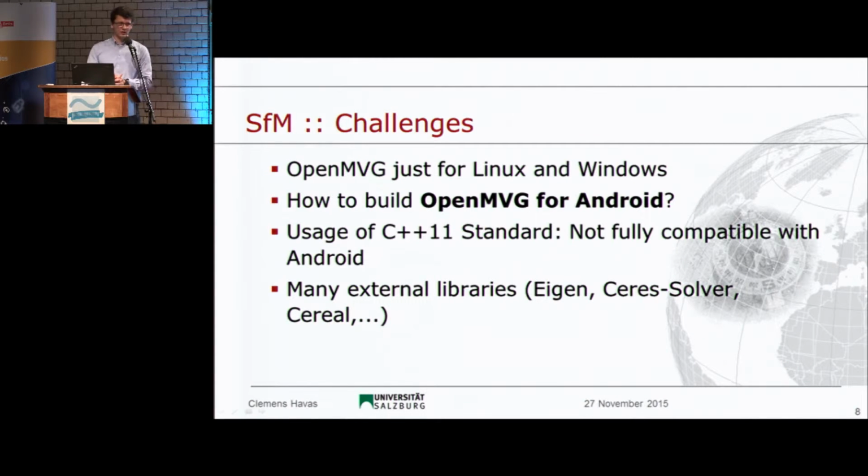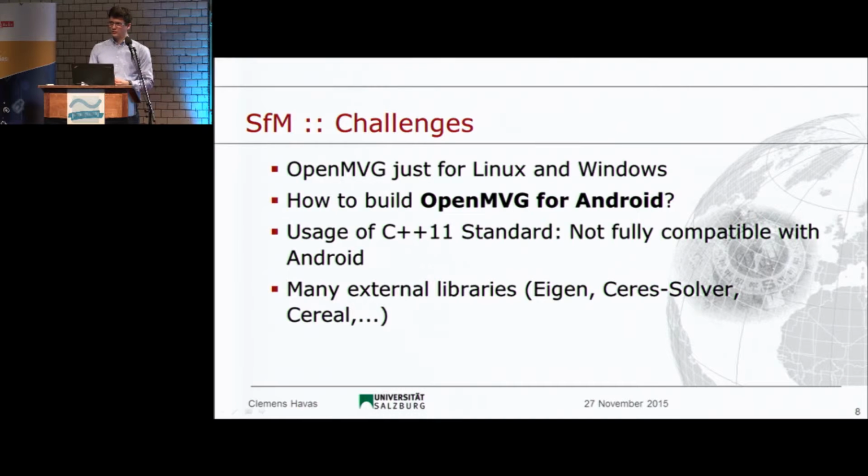But we had some major challenges to face, namely OpenMVG was just built for Linux and Windows currently, and we would like to use it on an Android smartphone. Therefore, we had to build OpenMVG for Android, and another challenge is that it uses a lot of C++ standard functions, which are not fully compatible with the Android operating system.